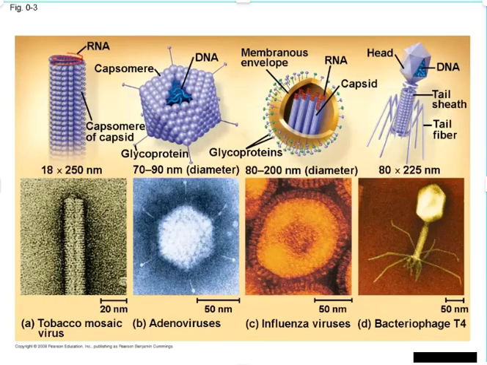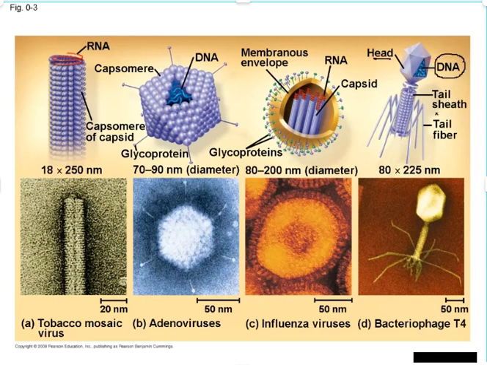So capsid can have various structures as you can see here. The first one shows helical symmetry, and the second one shows icosahedral symmetry. Helical symmetry is in case of TMV, and icosahedral symmetry is found in T4 virus.